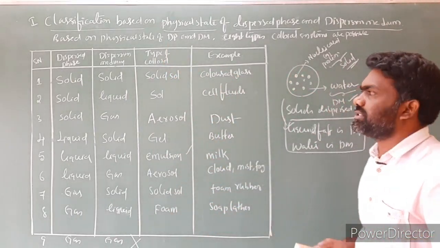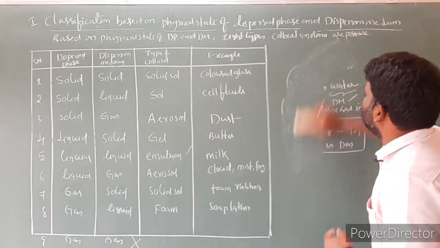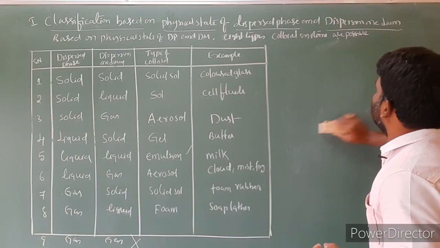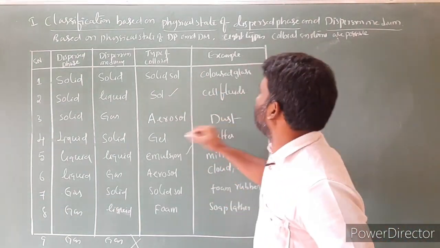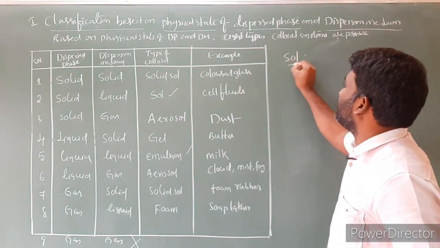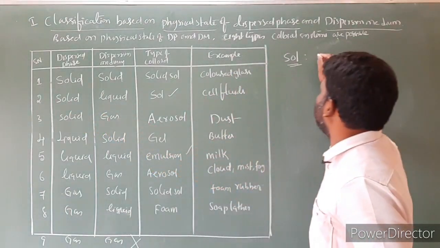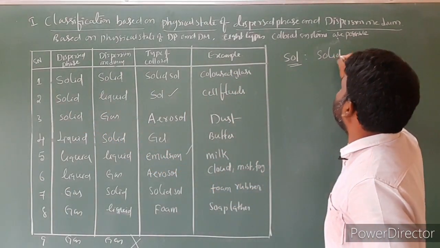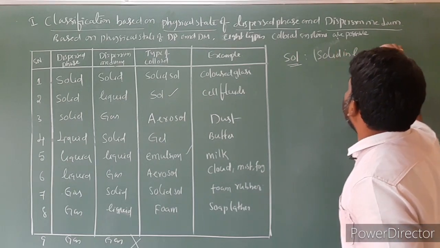Out of all these, the important ones we will use further on are, first, the sol. Sols are very important. A sol is nothing but solid in liquid. This is an important category.